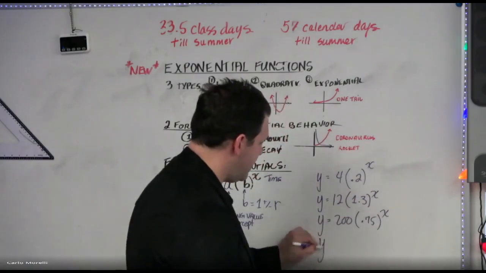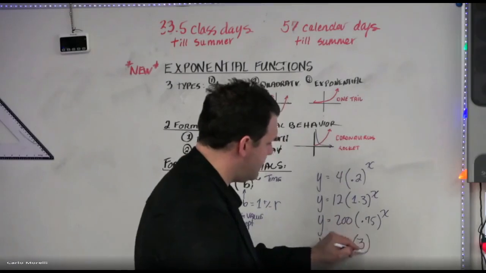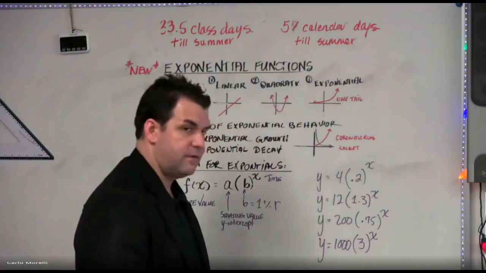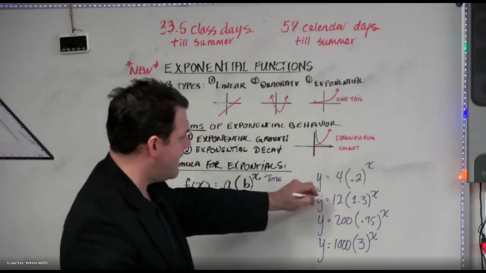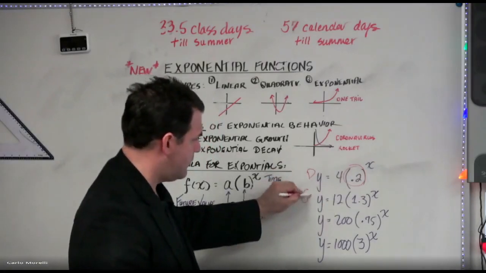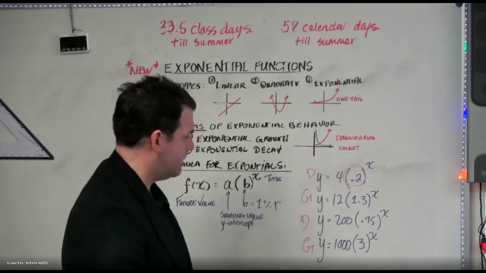And y equals 1,000(3)^x. So all I want to hear is whether the function is growing or decaying. How about the first one? Decay. Decay. How about this one? Growth. How about this one? How about this one? Y'all understand?